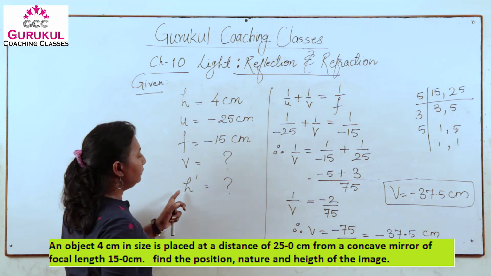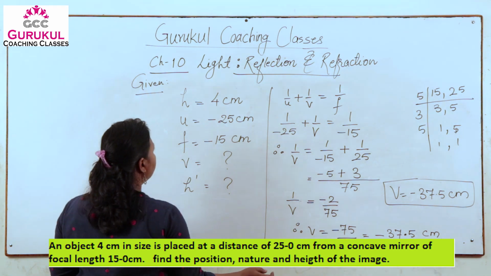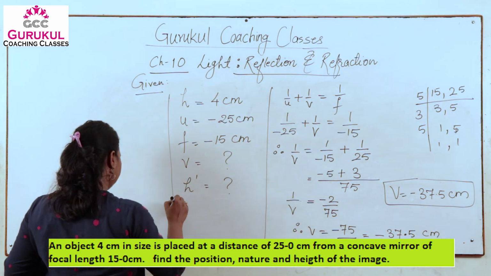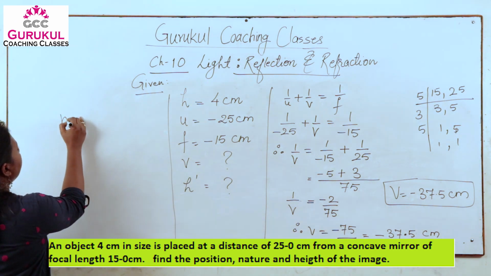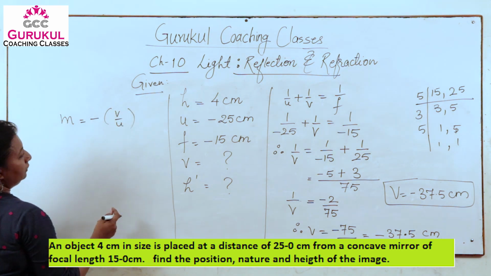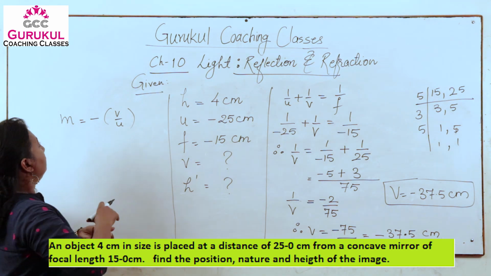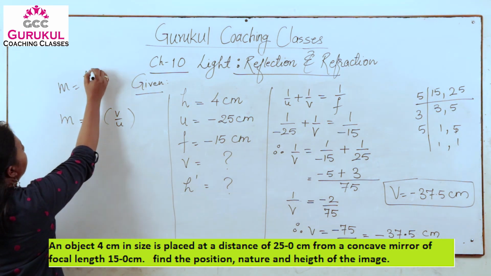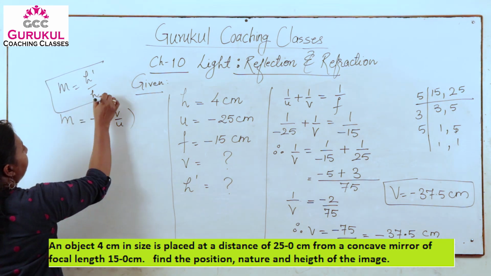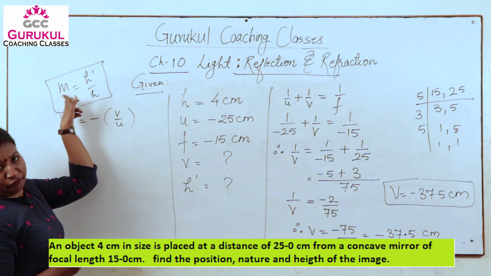Now we have to find the height of the image, so we will find the magnification. m is equal to minus v by u. We are not using the formula h dash upon h directly because we do not know the magnification.